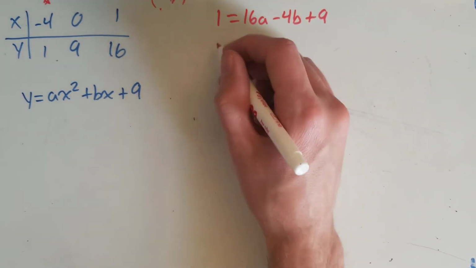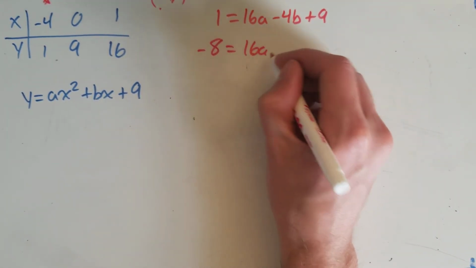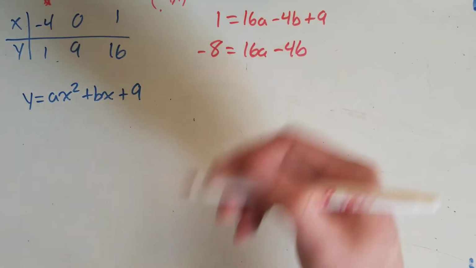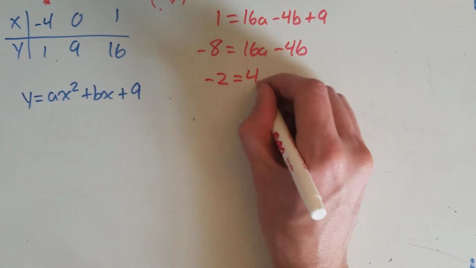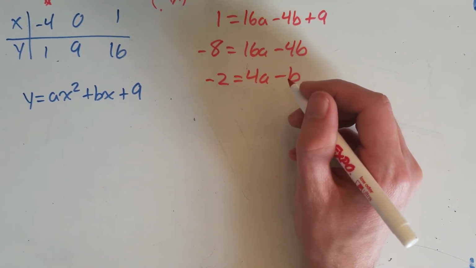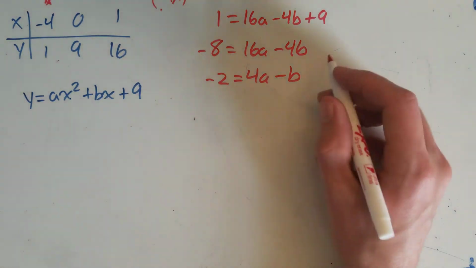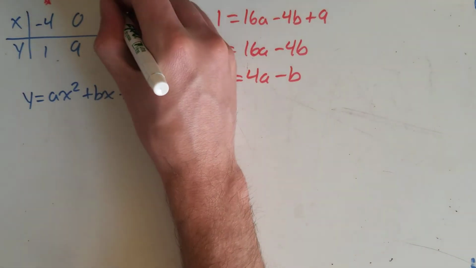Bring your 9 over, so you have -8 equals 16a minus 4b. Divide everything by, looks like a 4 here. So -2 equals 4a minus b. And there's our equation. Now let's go green.